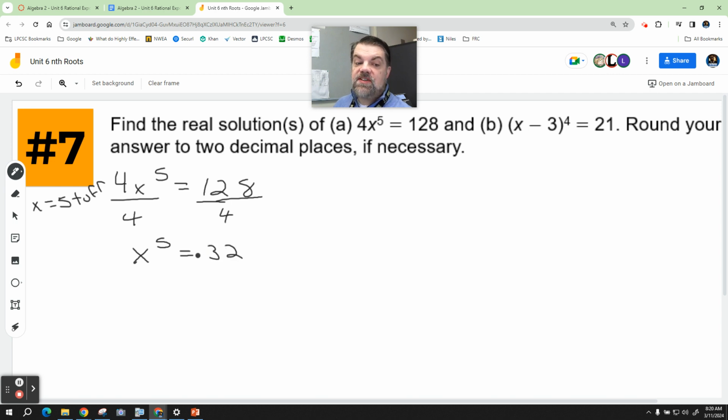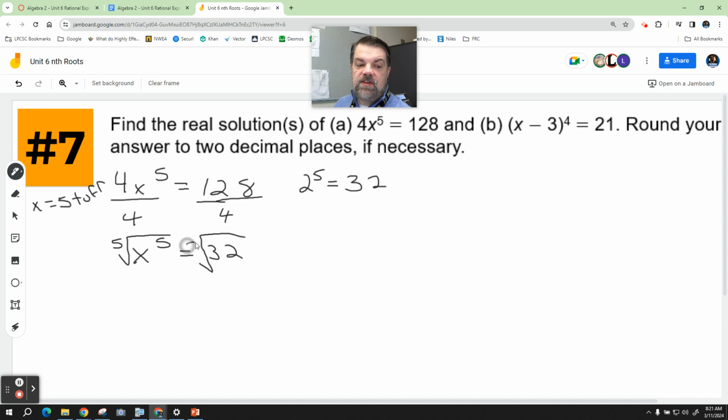Now, it's no accident they keep telling us that 2 to the fifth power equals 32. There's a reason they keep using those numbers, right? The reason they tell us that is because I'm going to have to undo the power. So if something's raised to the fifth power, then I must take the fifth root. Same thing over here.